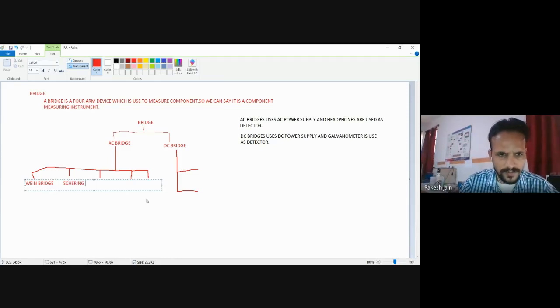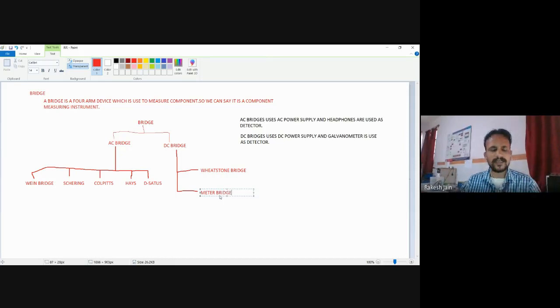These are the different categories for the AC bridges. And for the DC bridges, there is the Wheatstone Bridge and the second one, the meter bridge. In both categories there are more bridges too, for example, the Campbell Bridge is also an AC bridge like these.